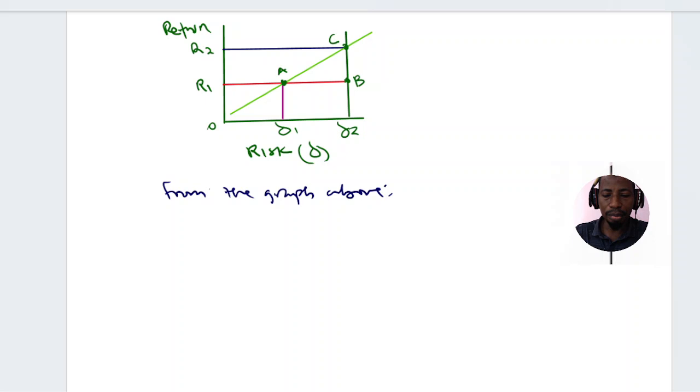Number one, securities A and B lie on return level 1.